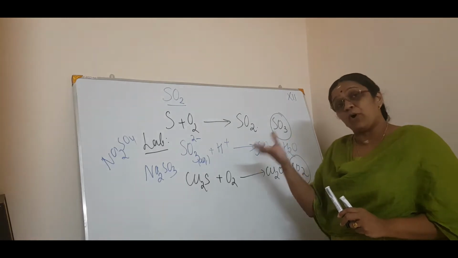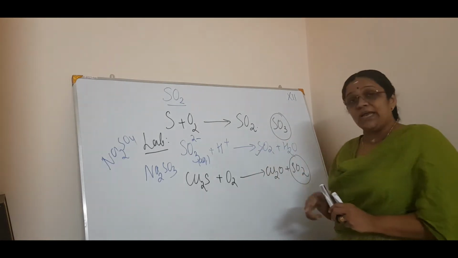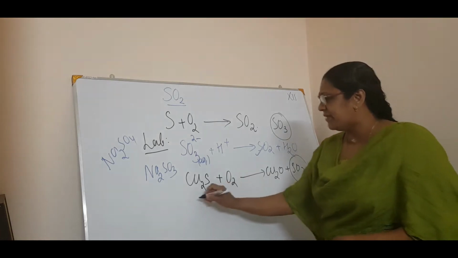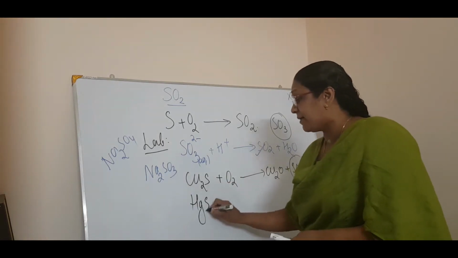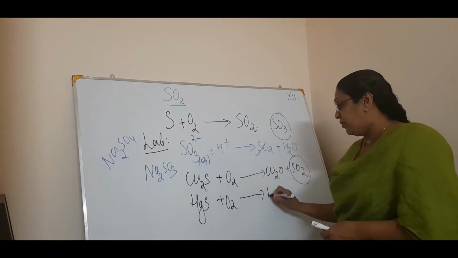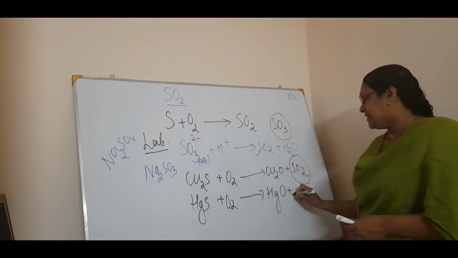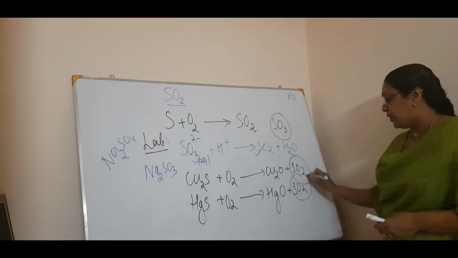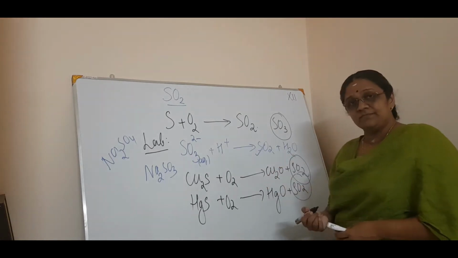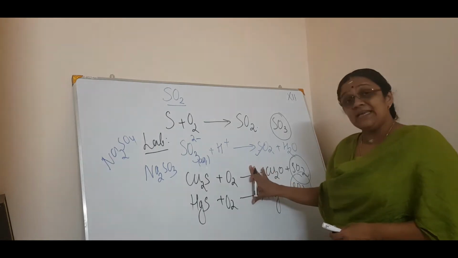For example, HgS, cinnabar. The same equation: cinnabar plus oxygen will give you HgO plus SO2. See, the SO2 is formed. So these two are industrial.